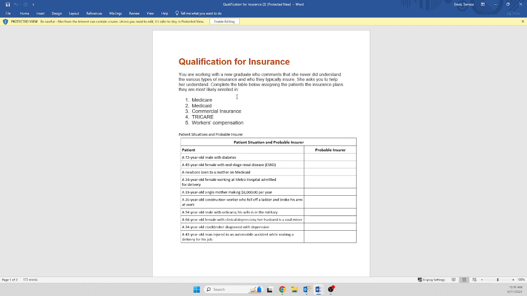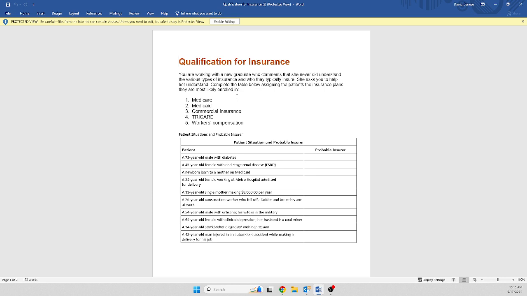So what I would do is look at each one of them separately and take your time and really think about it, because by now you ought to have an understanding of the 5 insurance types that are listed here. You have Medicare, Medicaid, commercial insurance, TRICARE, and workers' comp.